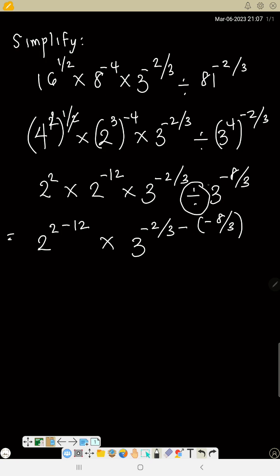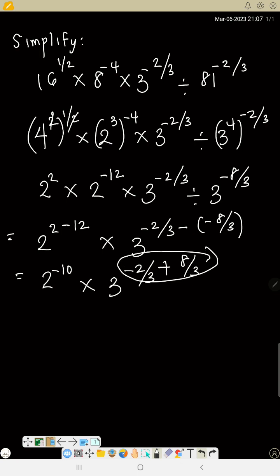So anytime you have divide, remember, and the base are the same, you subtract the powers. Now this is 2 raised to power minus 10 times 3 raised to power minus 2 over 3 plus 8 over 3. So what's the LCM here?